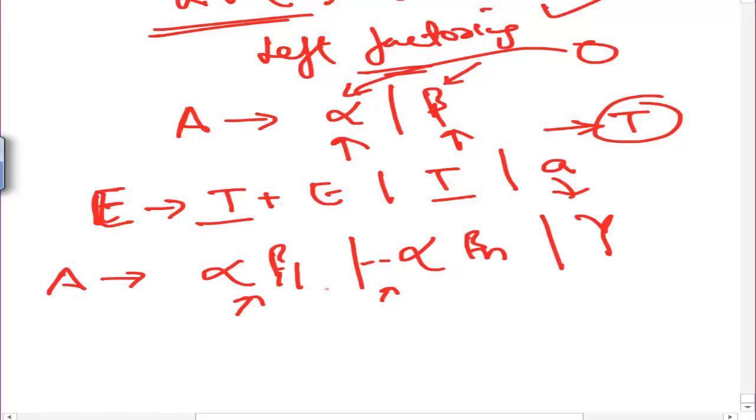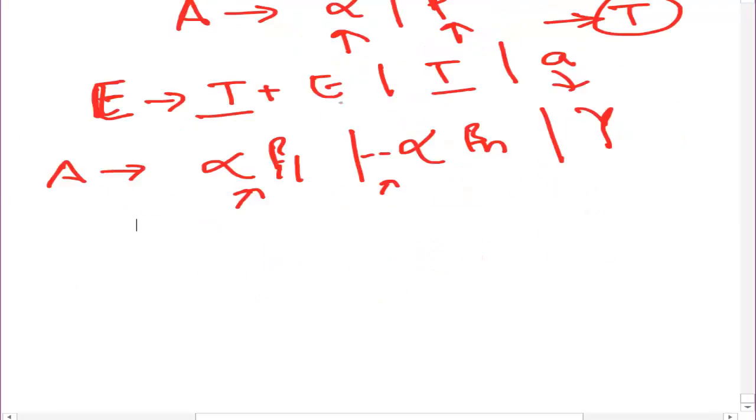Okay, so we have to left factor it. So how do we do that? What we do is we say A goes to, then we take up these prefixes, whatever prefixes we have, and take them as common, alpha as common. And beta 1, whatever comes after that, call that A prime.